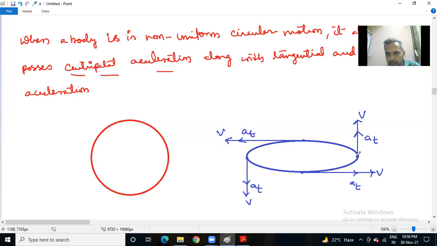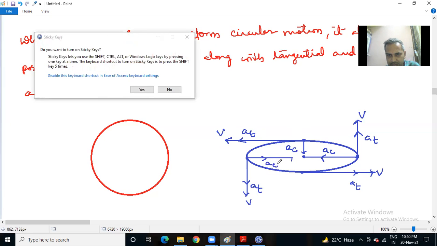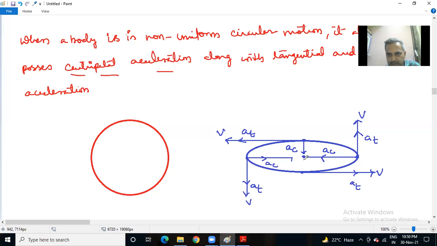Wherever the particle might be in circular motion, this is the center, and centripetal acceleration is always towards the center of the circle. When the particle comes here, centripetal acceleration will be like this, AC. This is the way you can understand the horizontal circular motion.